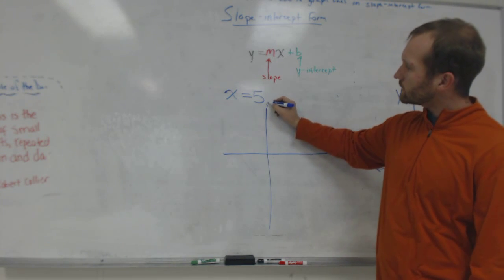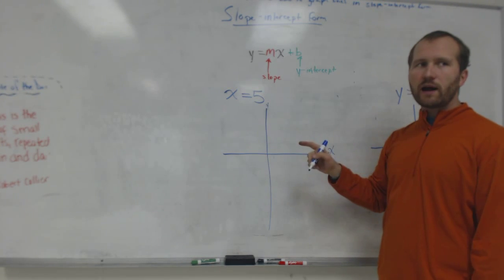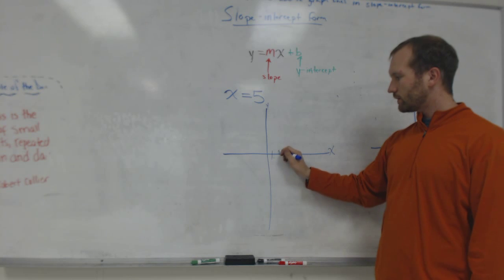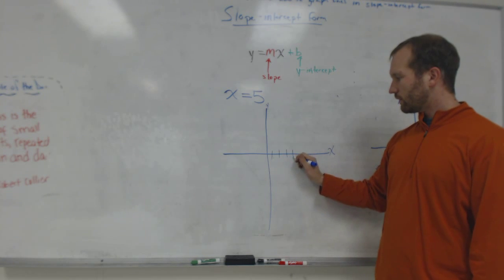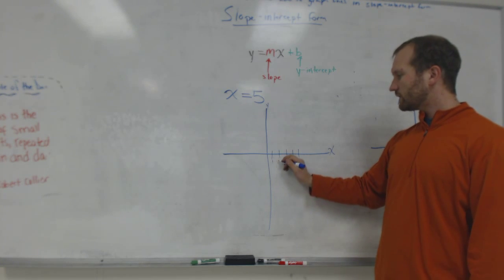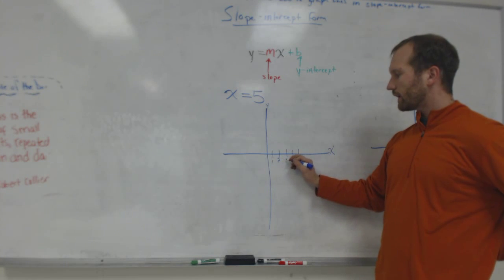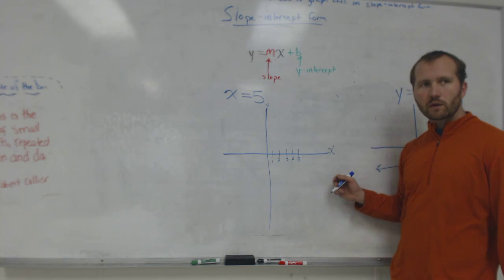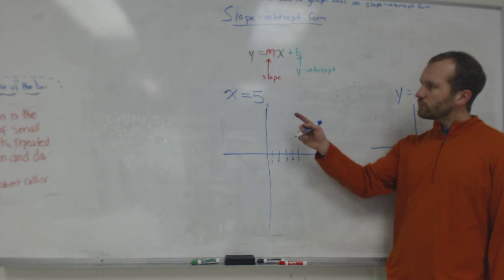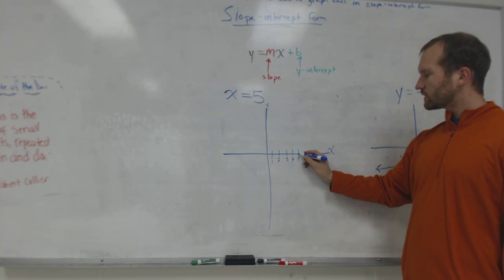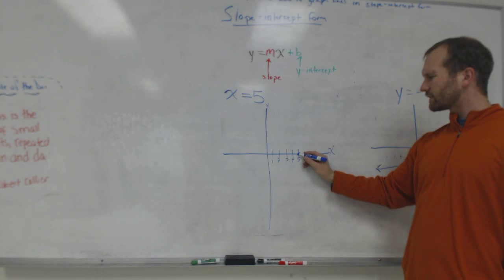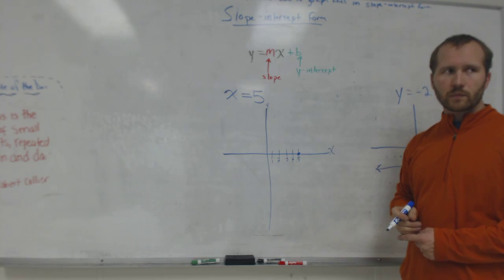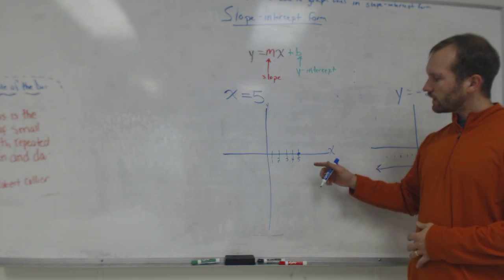The y-axis. So if I want x to equal 5, on this axis I have 1, 2, 3, 4, 5. This literally means x is 1, x is 2, x is 3, x is 4, x is 5. So if x equals 5, I'm going to start right on the axis where x equals 5. Then what do you think I should do from there?